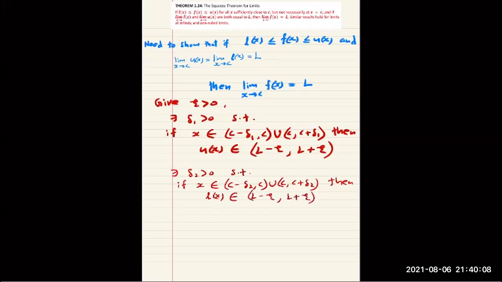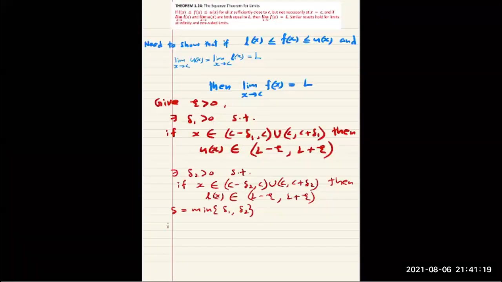Now I'm going to take my delta to be the minimum of delta 1 comma delta 2. If I take my delta to be the minimum of delta 1 comma delta 2, what can I say?